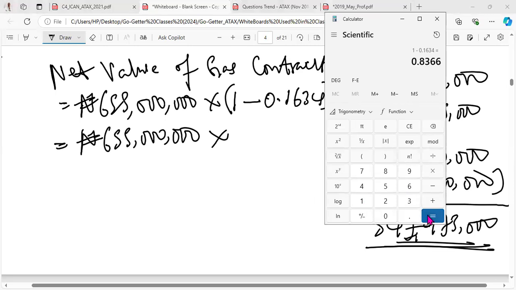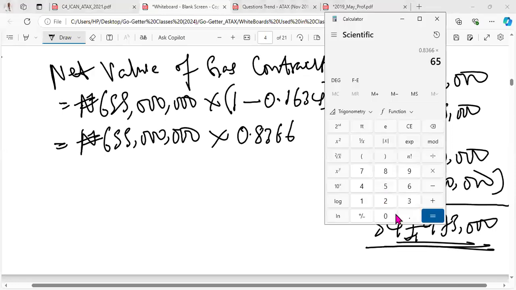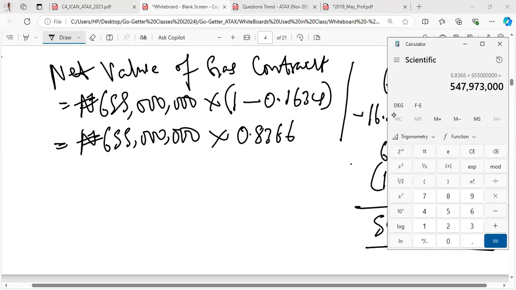That will give you 0.8366. Now 0.8366 multiplied by 655 gives you the same thing we have been doing here. It's the same thing. So you just do it this way.